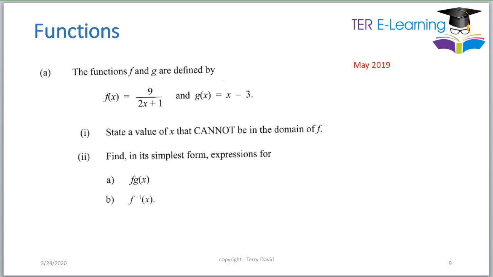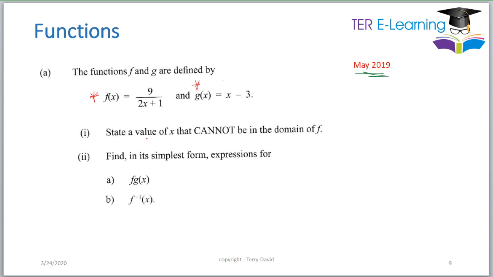All right, so let's start looking at some questions now, right? So this question is from the May 2019 paper. So they've given us two functions, right? We have a function f of x, and you have a function g of x, right?